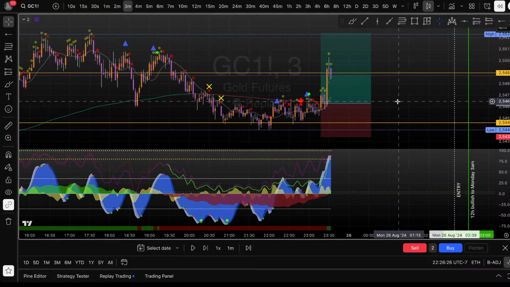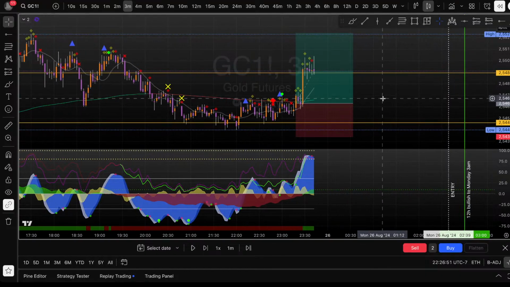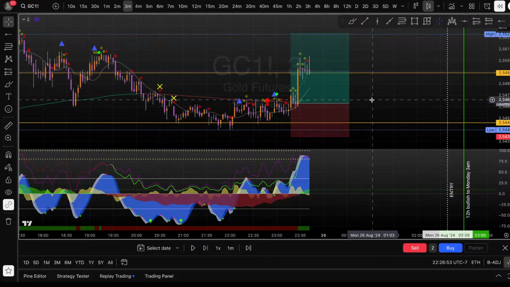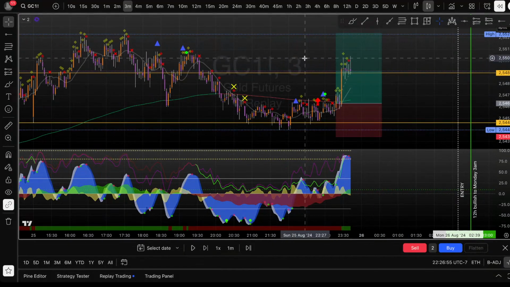We're gonna let it run. Trust the money flow here. Stay above that yellow, baby. Stay above the yellow. Stay up there. Ooh, that was a pretty hard push.